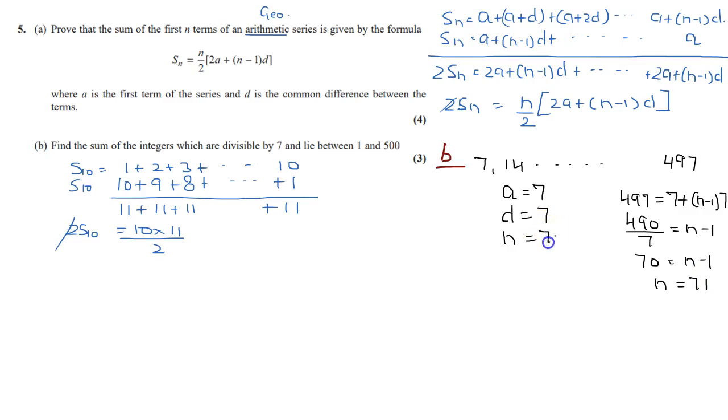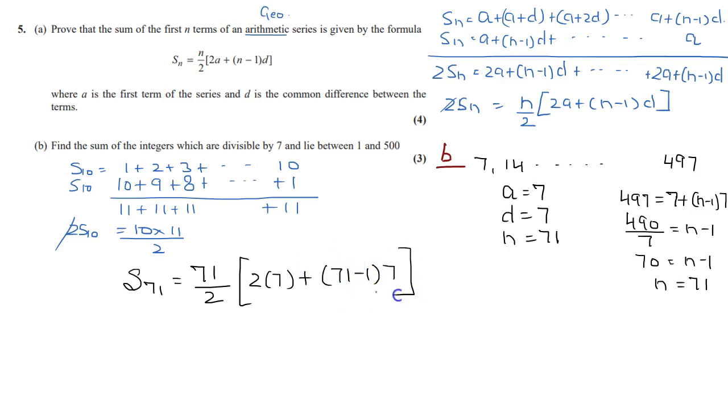You can use the formula for the last term also. So now the sum of these 71 terms, S71, is n over 2 times (2a plus (n minus 1) times d).